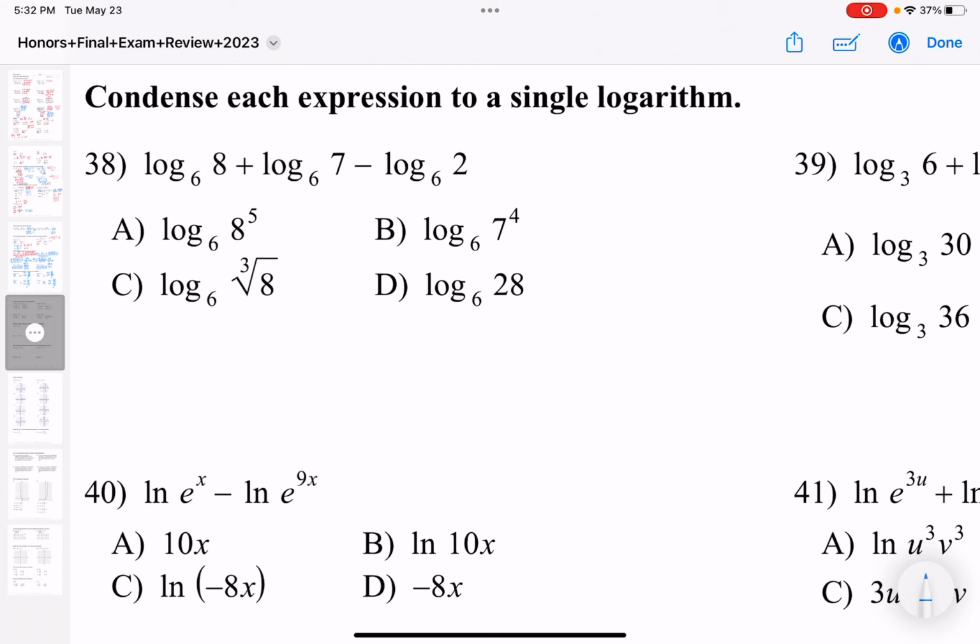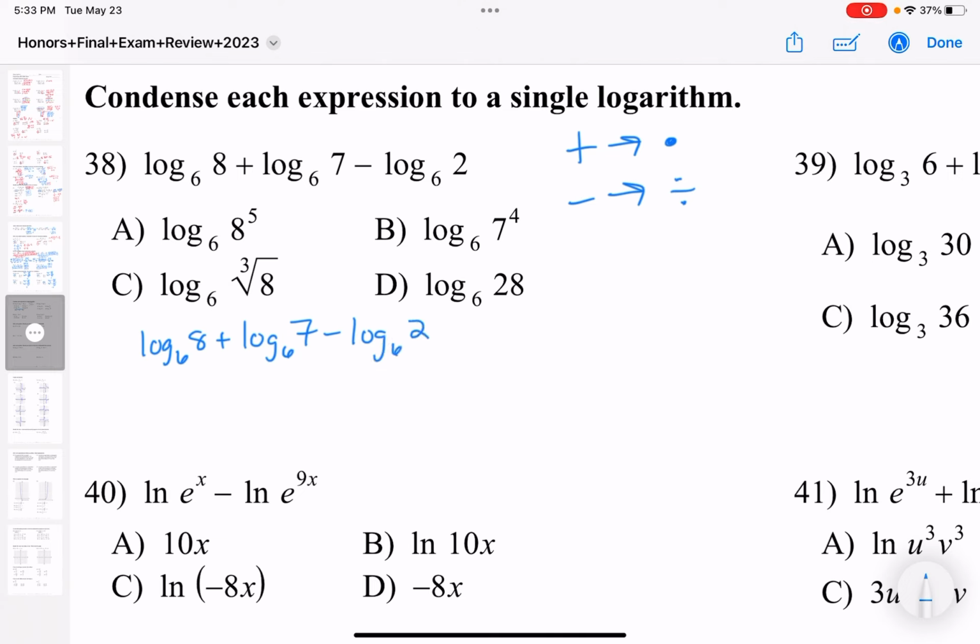All right. Now, plus turns to multiplication. Minus turns into division or fraction, right? Because fractions are division. So we're just going to go left to right. Okay, so I've got log 6, 8 plus log 6, 7 minus log 6, 2.